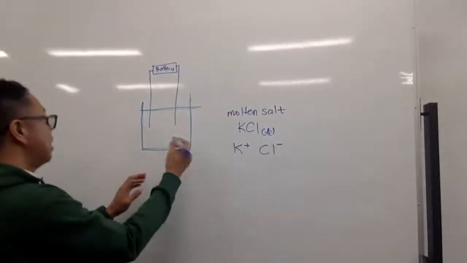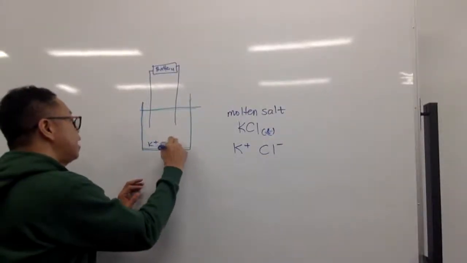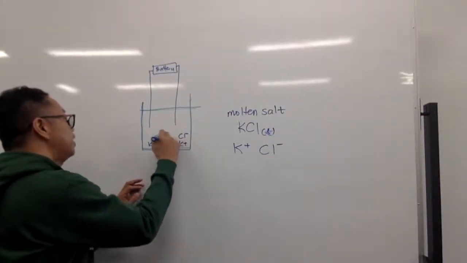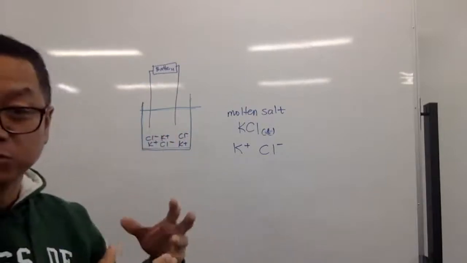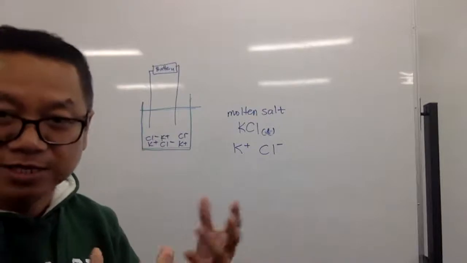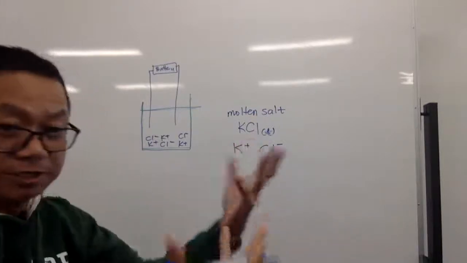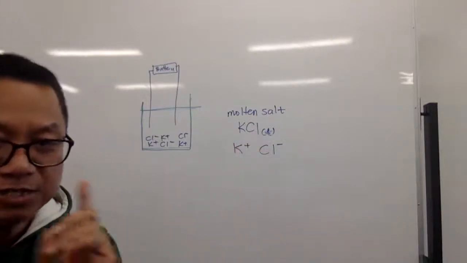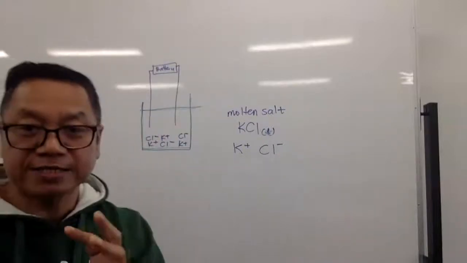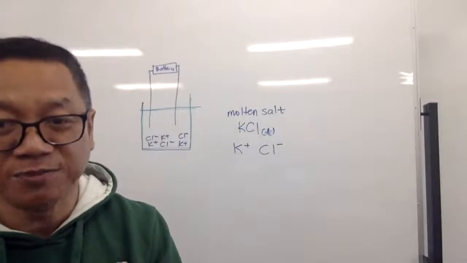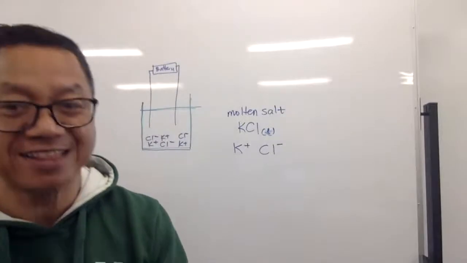So meaning here, I got K plus, the chloride, the K plus, the chloride, the K plus, the chloride. Everything is in the liquid phase as ions. This is liquid, molten. Now, here's the thing. One of them will be attracted to the anode, and one of them will be attracted to the cathode.